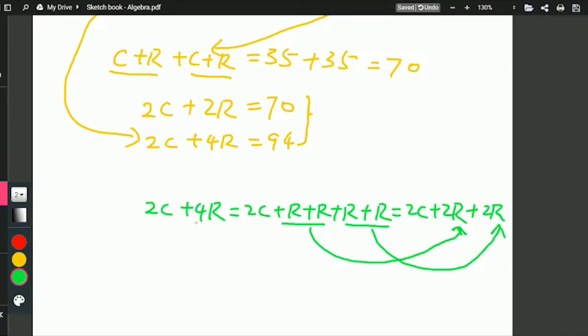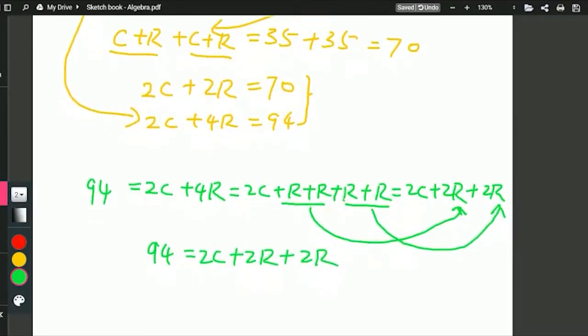And 2C plus 4R is equal to 94. So therefore, if we skip all those steps in the middle, we have 94 equals 2C plus 2R plus 2R.